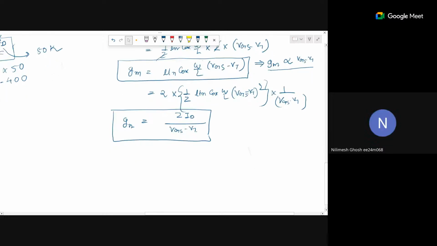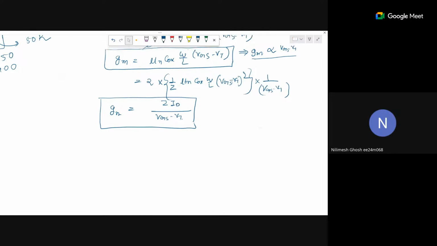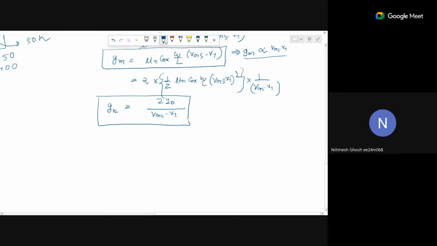Another thing we can write. See, the first expression is saying that gm is proportional to VGS minus VT, but this expression is saying gm is inversely proportional to VGS minus VT. Now someone can say, what are you writing, sir?